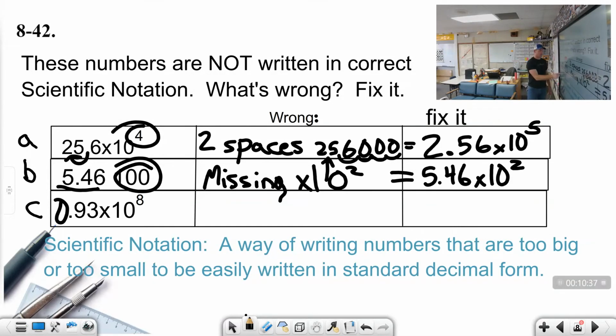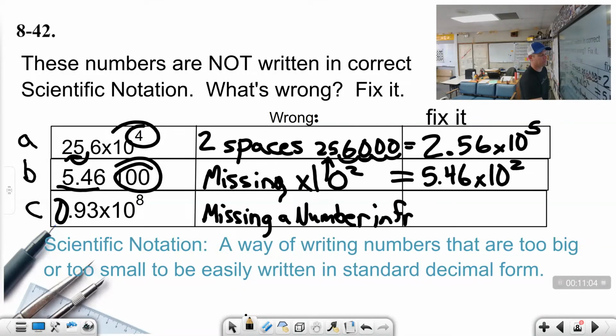Problem letter C. Do you notice how it has a 0 in front? Not allowed to do that. I know 0 is a number, but you need a number 1 through 9. So it's missing a number in front.